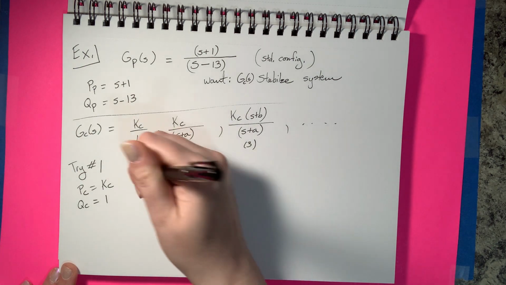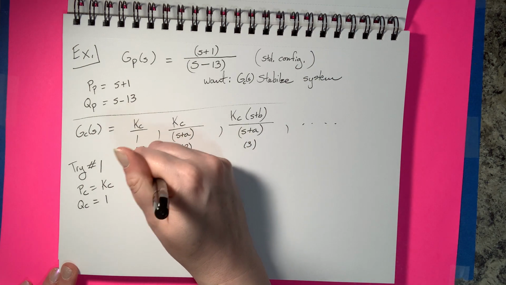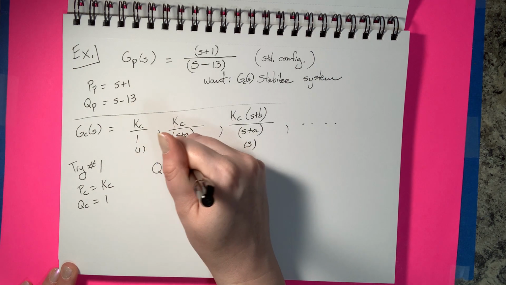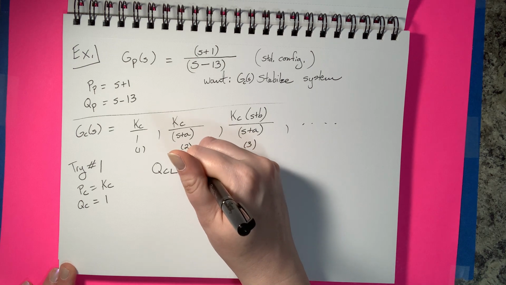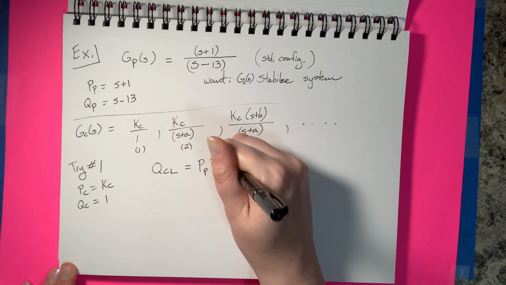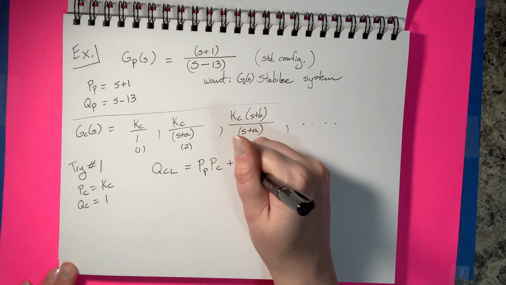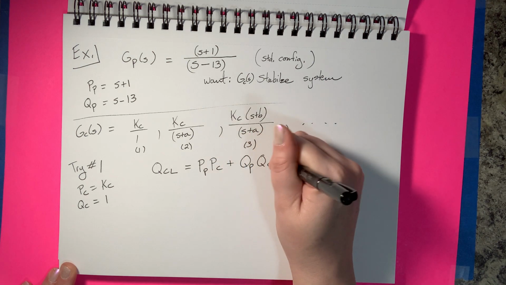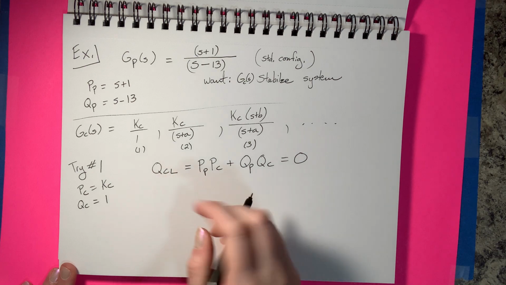All right, so now if we try our Qcl formula, and I'm going to write that back out, we'll have P sub P, P sub C, plus Q sub P, Q sub C equal to 0. So we want to go ahead and plug those in.